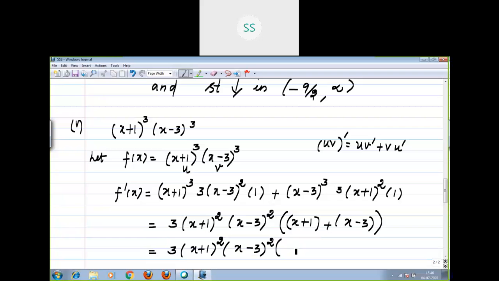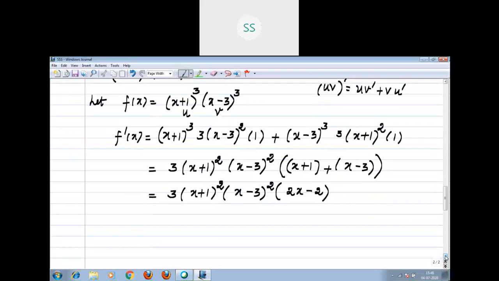Here you are grouping the terms, that is x plus x. What will you get? 2x plus 1 minus 3. That means what can you get? Minus 2, right? 2x minus 2, right? Then in the third bracket, which one can you take? 2 as a common in the third bracket, right?